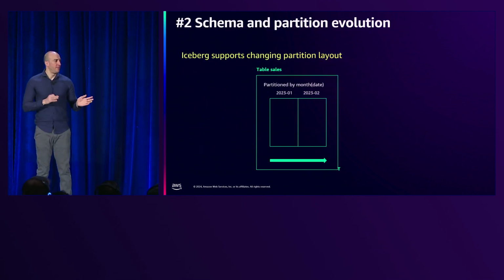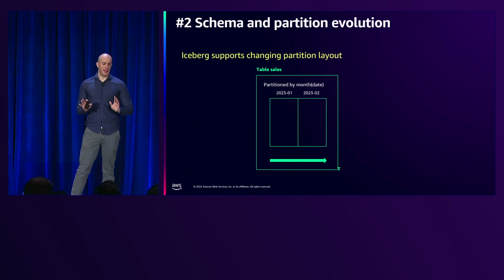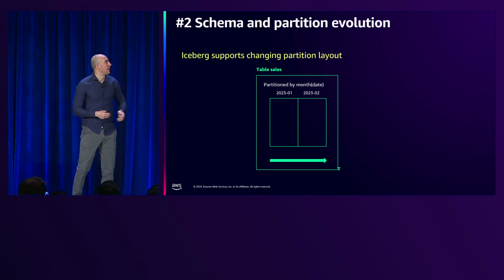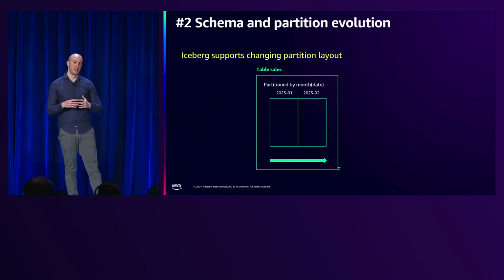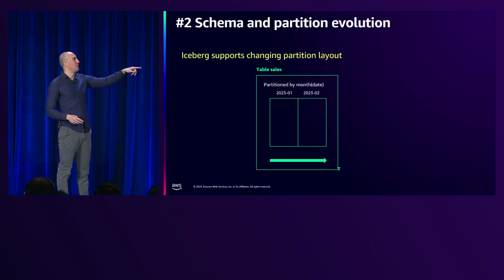The other feature that Iceberg provides is partition evolution. Let's pick this scenario where we have a table that contains all the sales done by our organization over time, and this table is partitioned by month.